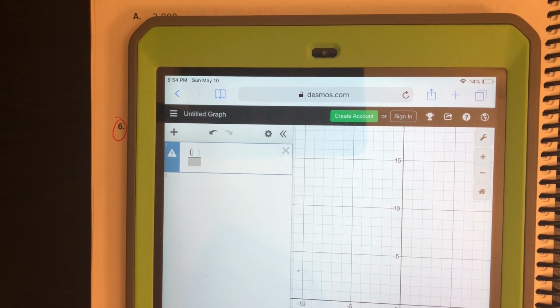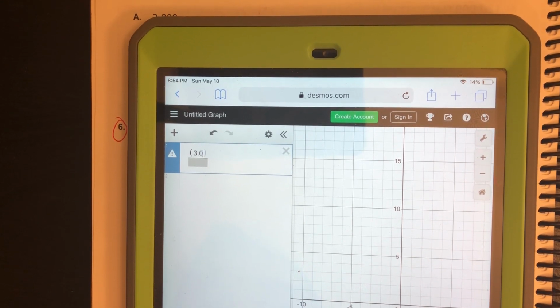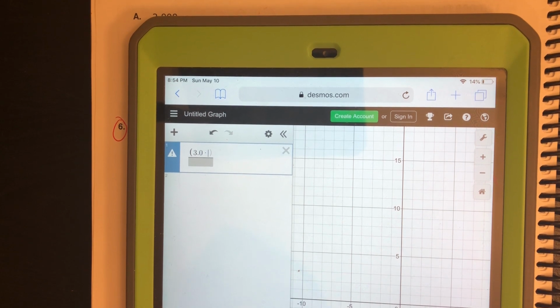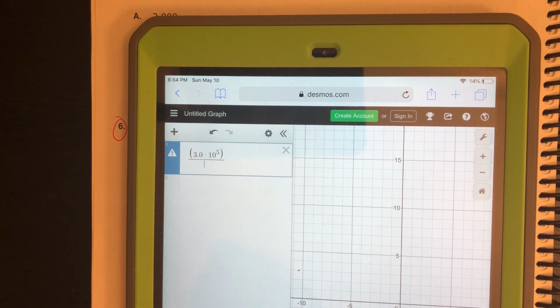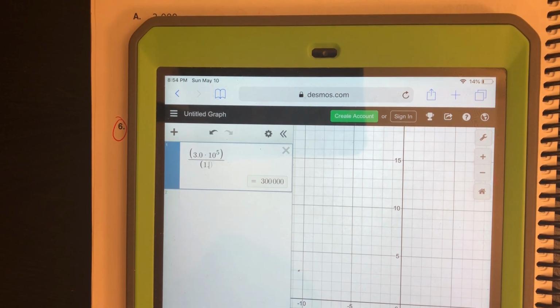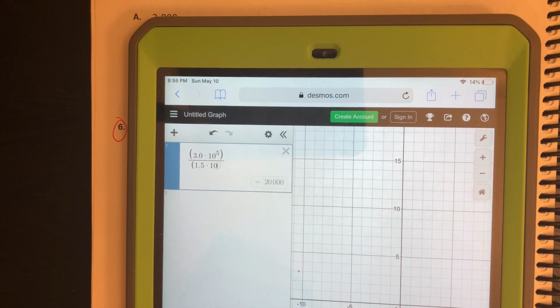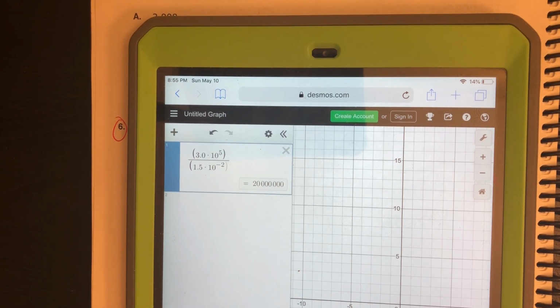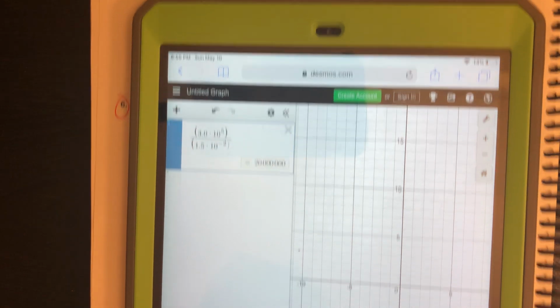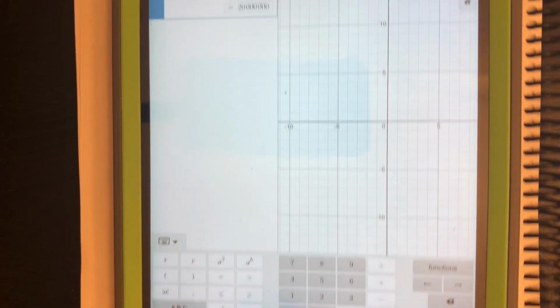Now parentheses, 3.0 times 10 to the power of 5, parentheses, then go down to the denominator, parentheses, 1.5 times 10 to the power of negative 2. And when you're typing in a negative, all you have to do is type in the minus, okay?